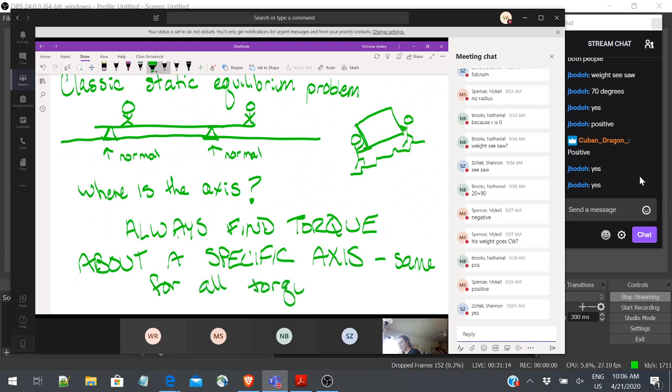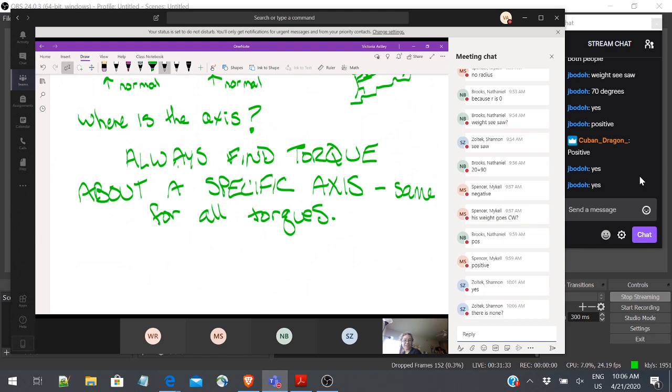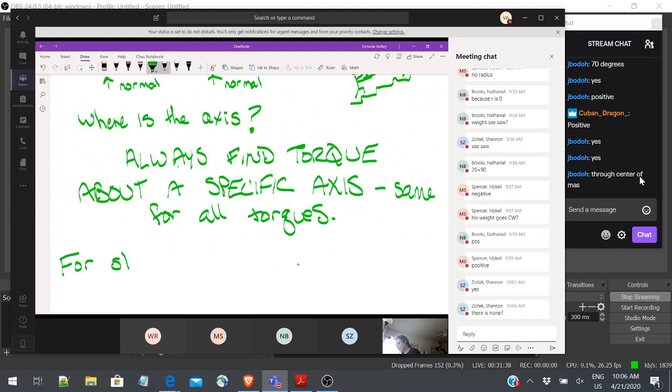But in this case, where we just have two people standing on a structure, where's our axis? So the rule here is that if it's stationary, you get to pick. For static equilibrium, you get to pick, and it does not have to be the regular, expected one.